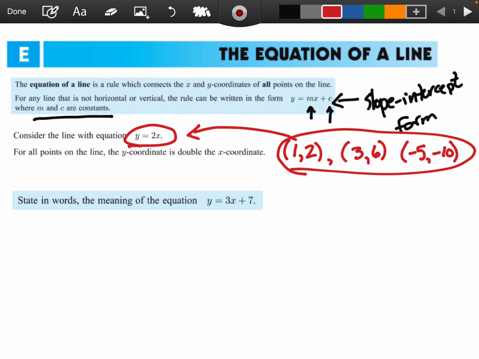If we look down further here, it says state in words the meaning of the equation y equals 3x plus 7.